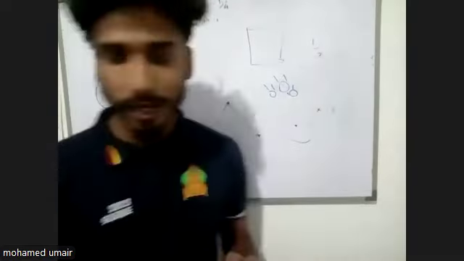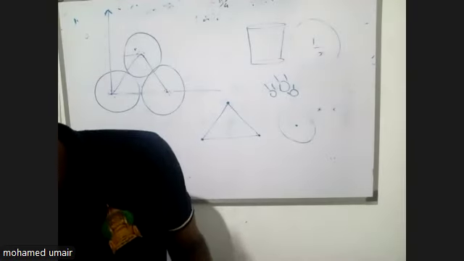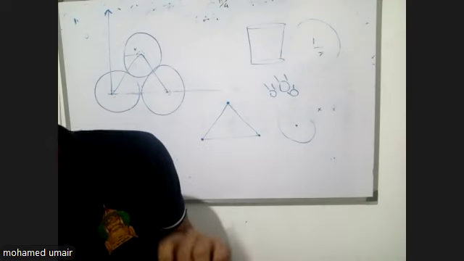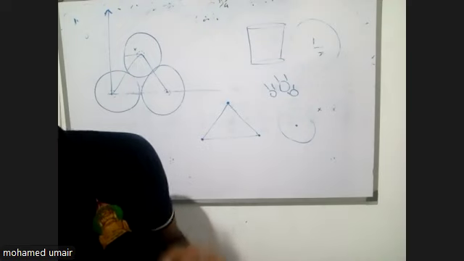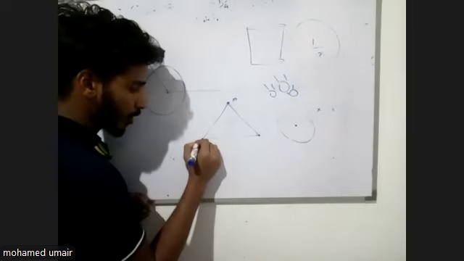The important point is, they are saying three identical cylinders, each of mass m and radius r. So you should understand the mass of each one is the same.